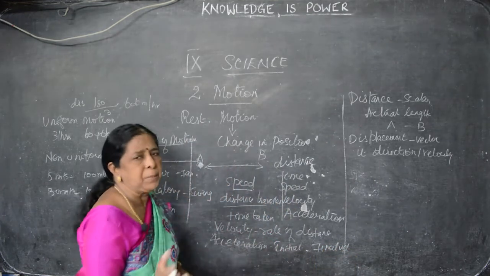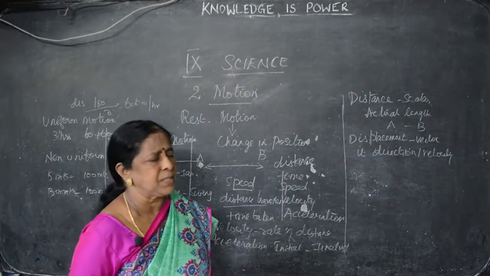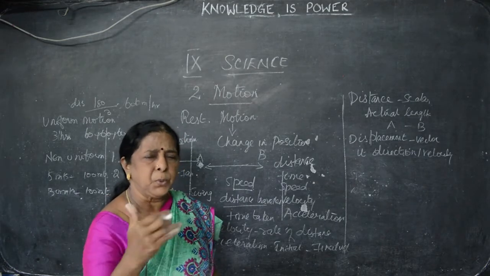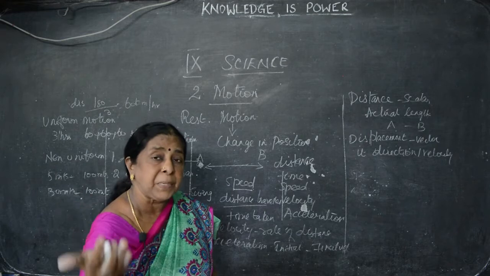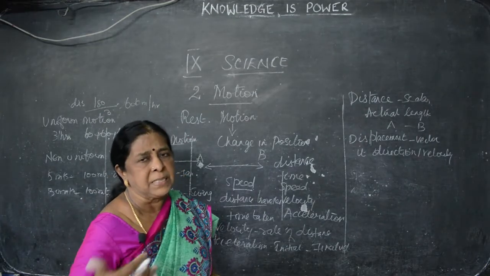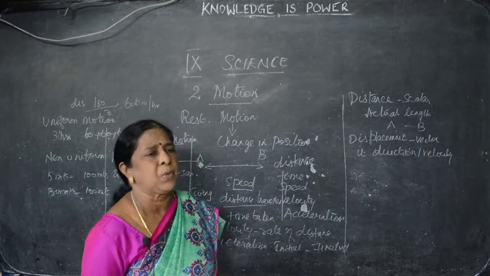According to the time, you may increase the speed or decrease the speed. You start with one speed, then due to the time, you may increase or decrease it. That is initial velocity at the beginning and final velocity at the end. The difference between that increase or decrease is known as what?